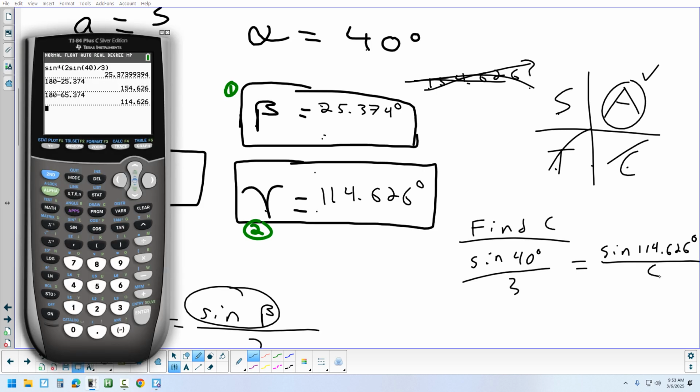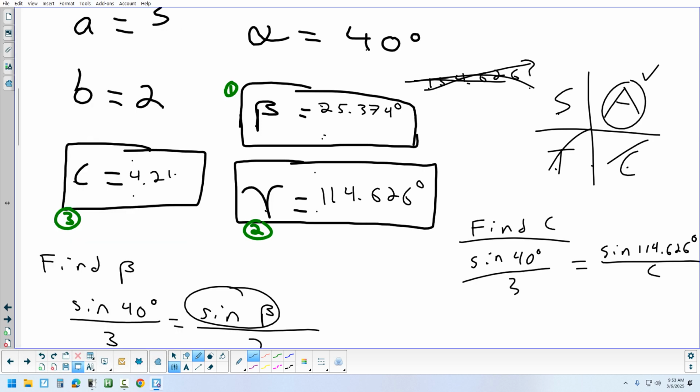So C is going to be 3 sine 114.626 divided by sine 40. So it's 4.243. And that's the only type that we're going to focus on for now, the case where it comes out to a single answer. The two-answer case will be next time.